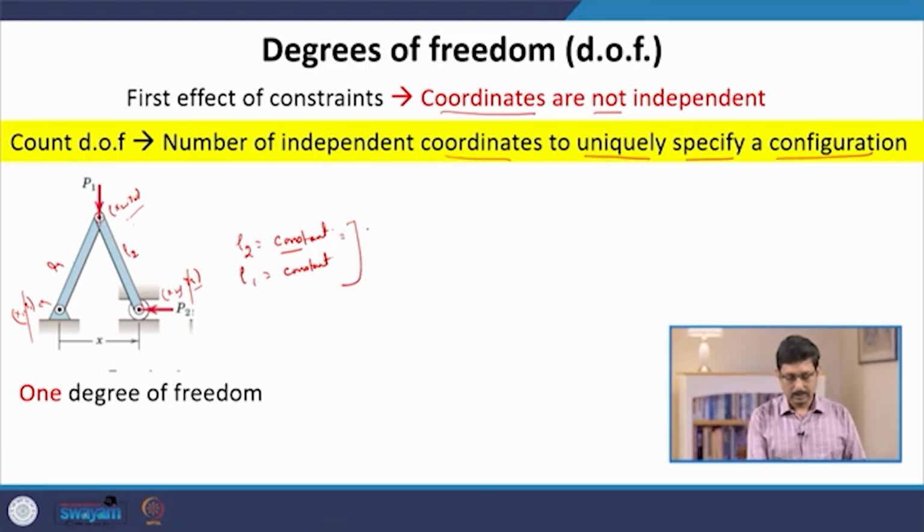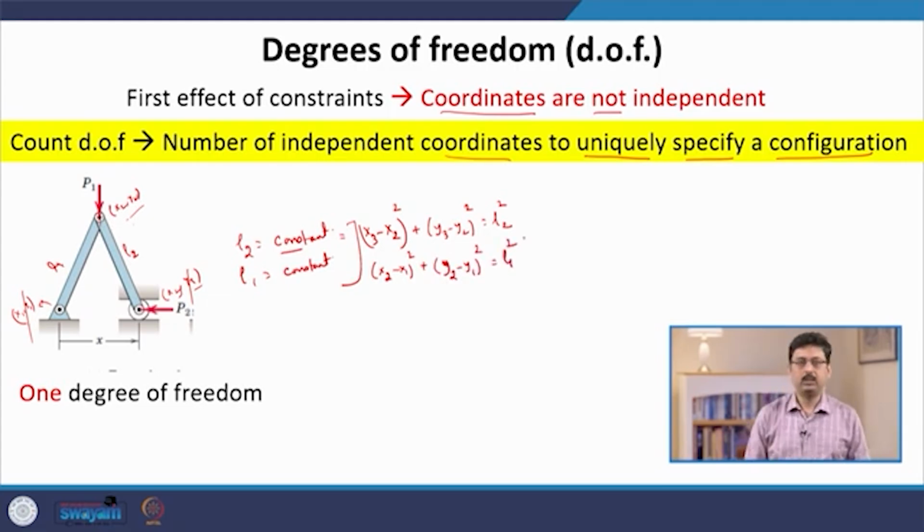For example, here you can write that (x3 minus x2) whole square plus (y3 minus y2) whole square is equal to L2 square, and (x2 minus x1) whole square plus (y2 minus y1) whole square equal to L1 square. So, this involves two equations. So, these coordinates x3 and x2, y2 are not independent. So, effectively there should be only one independent coordinate.